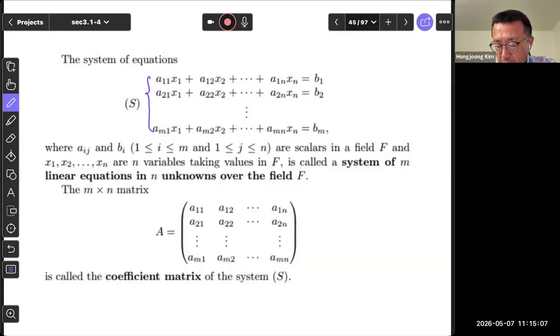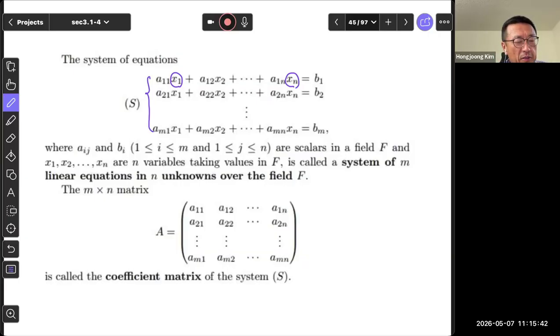Given n unknowns, or n variables, that satisfy m equations, sometimes mathematicians do not want to write down the whole system of equations.